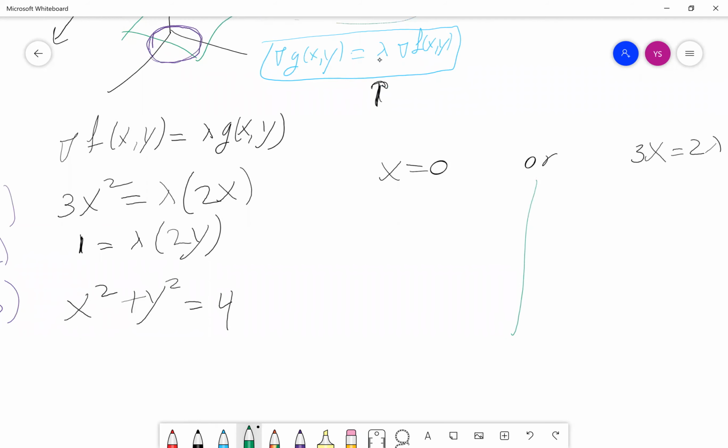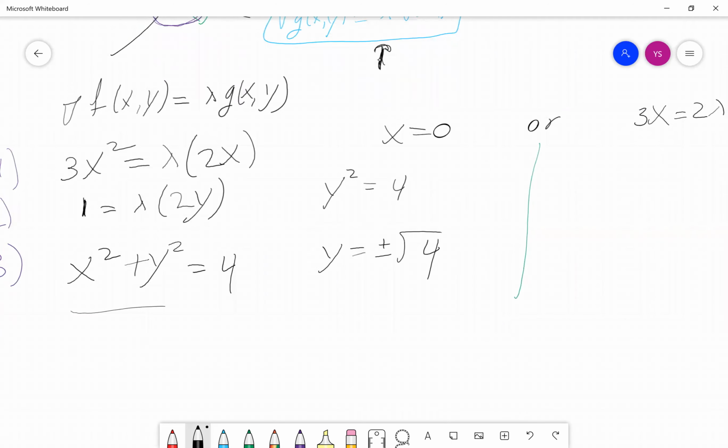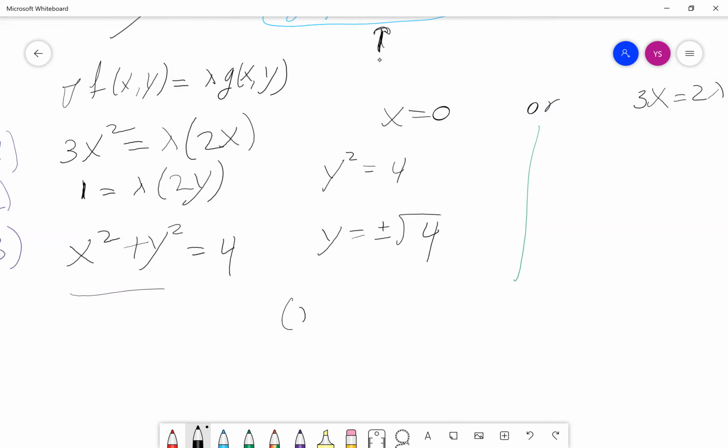First, let's imagine x is equal to 0. If x is equal to 0, I can use the third equation and say that y squared is going to be equal to 4, which means that y is equal to plus or minus the square root of 4. So I get 2 critical points here, and those points are (0, plus or minus the square root of 4). Any questions so far? Yes.